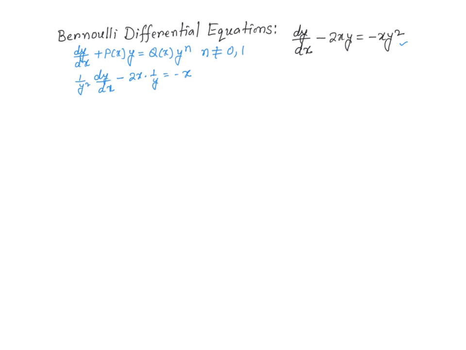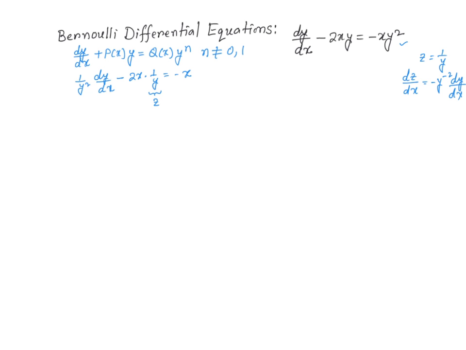Now I'm going to make a substitution, and that substitution is going to be z equals 1 over y. So my z is equal to 1 over y, and then dz over dx becomes negative y to the power negative 2 times dy over dx.